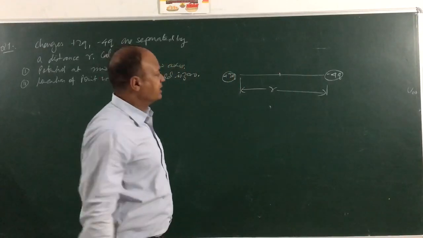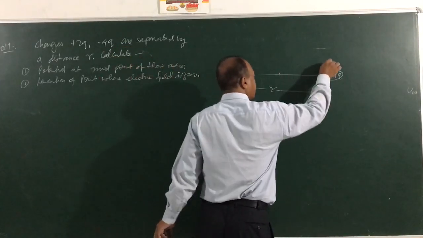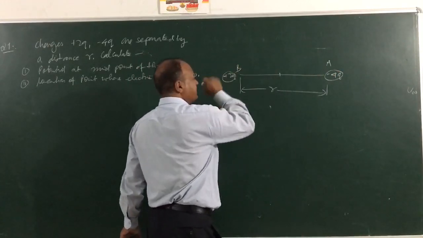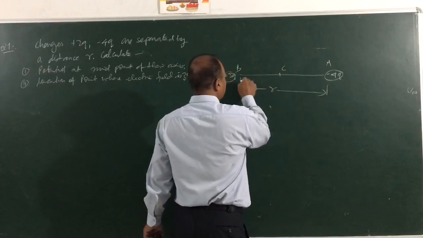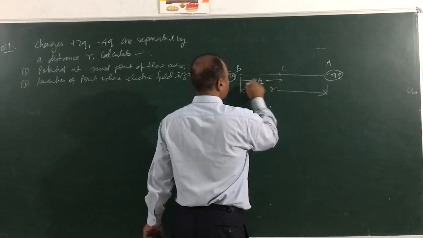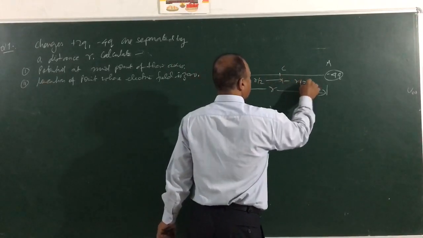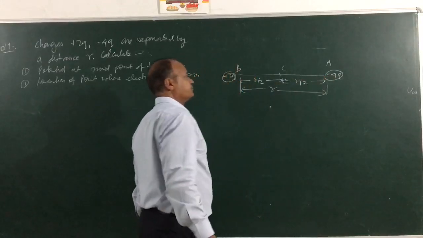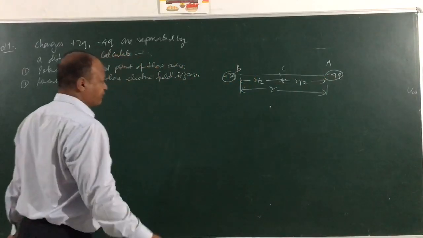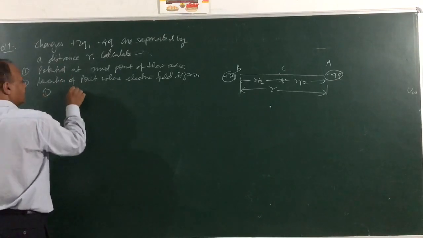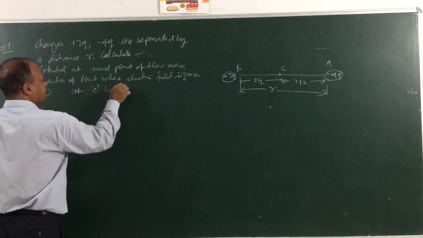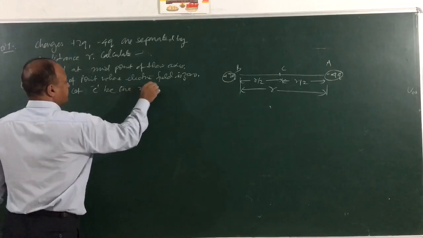Potential at the midpoint. Let us assume this is point A, this is point B, and the midpoint C. So this will be R by 2. This distance will also be R by 2. Okay? So at a given point, question 1, let C be the midpoint.